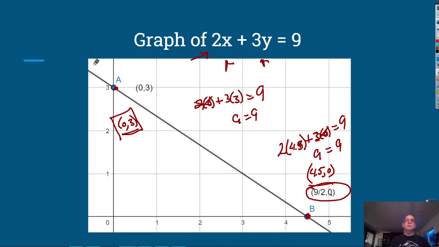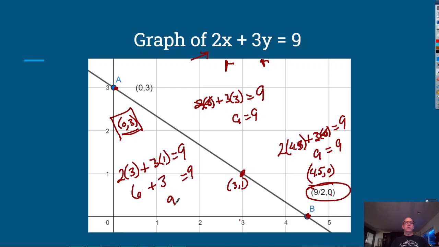And every solution to our equation is on this line. Right? I can pick this point. This point is (3, 1). So I can substitute 3 for x, 2 times 3, plus 1 for y, plus 3 times 1 equals 9. 2 times 3 is 6, 3 times 1 is 3, 6 plus 3 is 9.